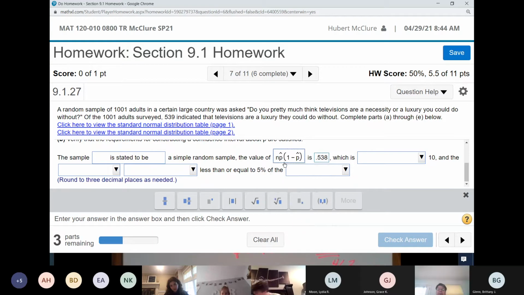Somebody multiply NPQ, please. NPQ is equal to 1001 times 0.538 times 0.462.